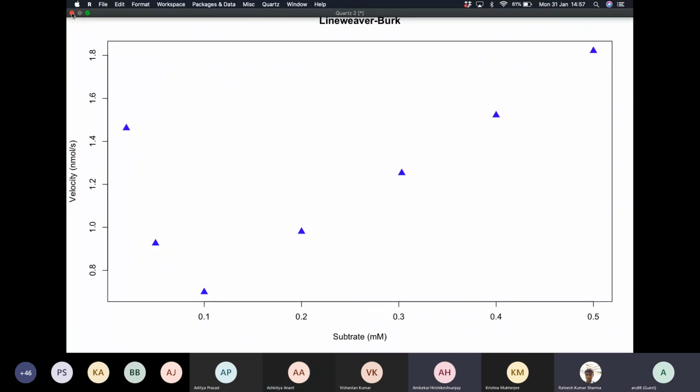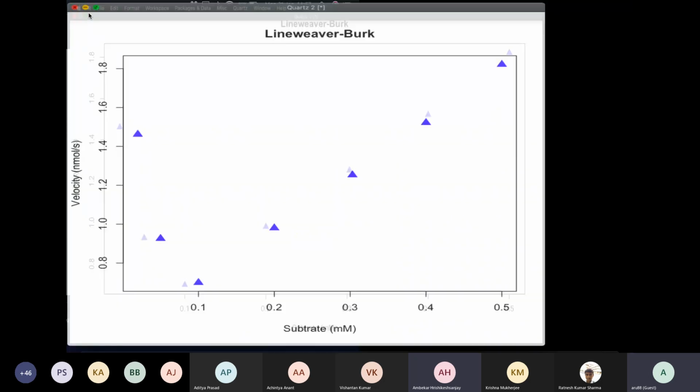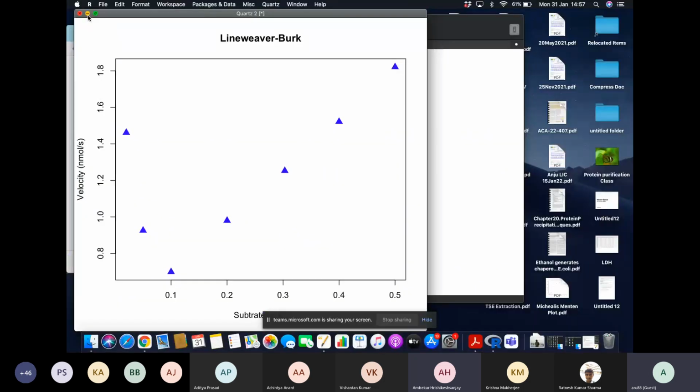In that software we have only product and substrate all the time, and it is a different kind of software in which they are plotting product. But when you are working with your real-time data, you will mostly be plotting the velocity and the substrate, because the velocity of the reaction over the whole course of the reaction is not the same.